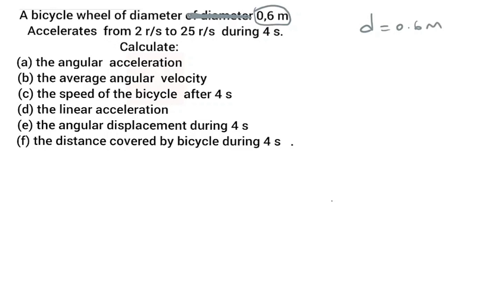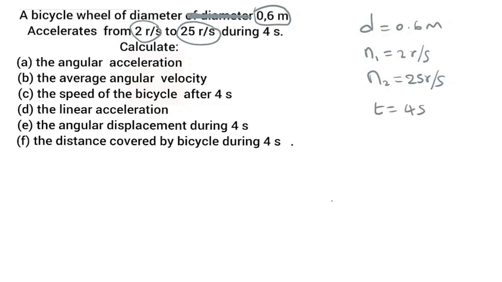Then we are given the rotational speed, which is n1, here it's 2 revolutions per second. Then we are given n2, which is equal to 25 revolutions per second. What else are we given? Then the time, it is 4 seconds.